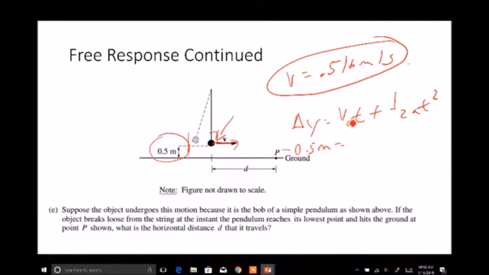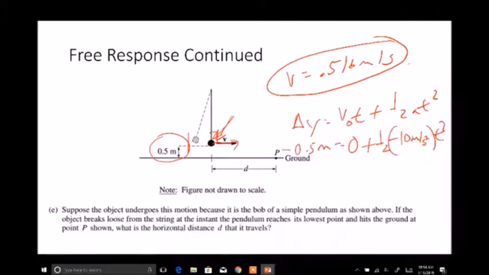The v0 is our initial vertical velocity. At this point, this object isn't moving vertically, it's moving horizontally. So our initial vertical velocity is 0 plus 1/2 times a. We're going to use acceleration due to gravity. We're just going to use negative 10 meters per second squared times t squared.